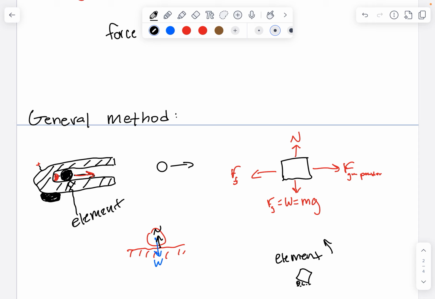If the object is not moving, your normal force and your weight are equal to each other, due to Newton's second law. So always include your normal force if your object is sitting or moving on something. And there you go. This is the free body diagram of the cannonball inside the cannon.